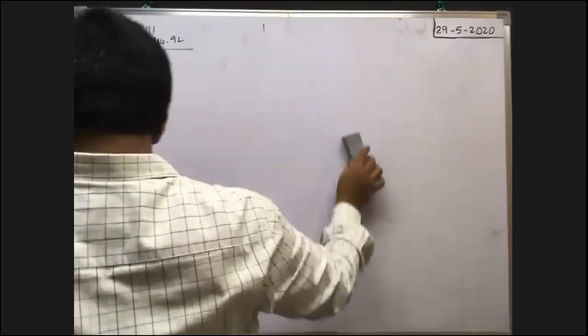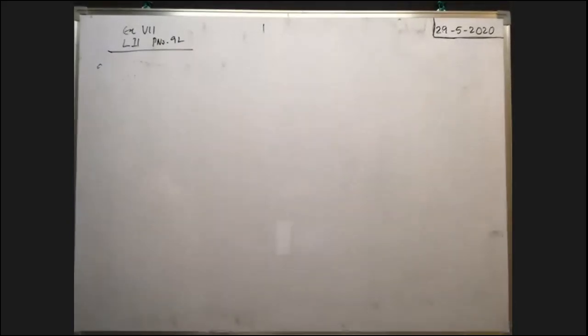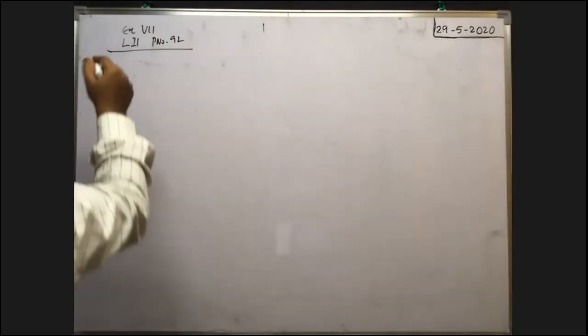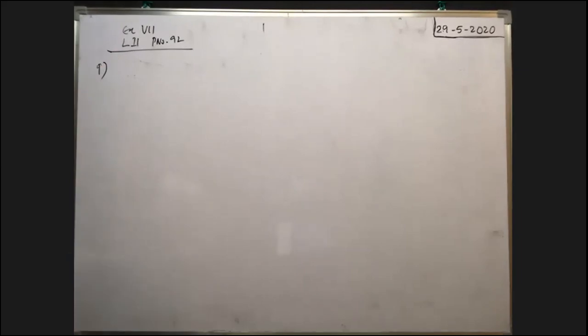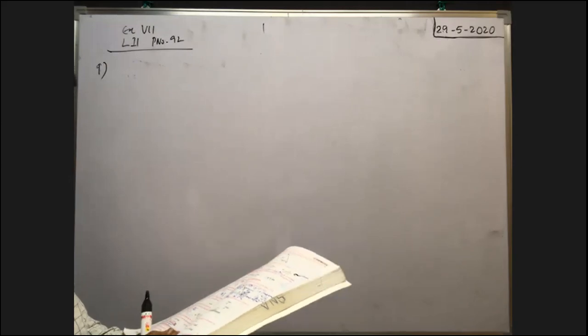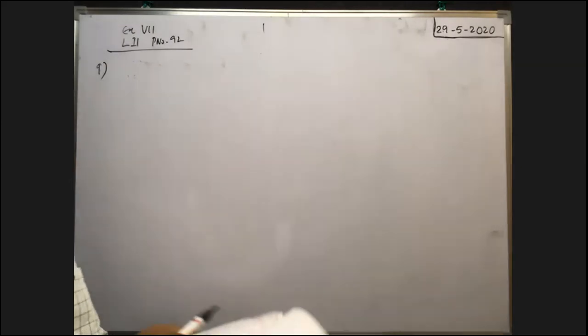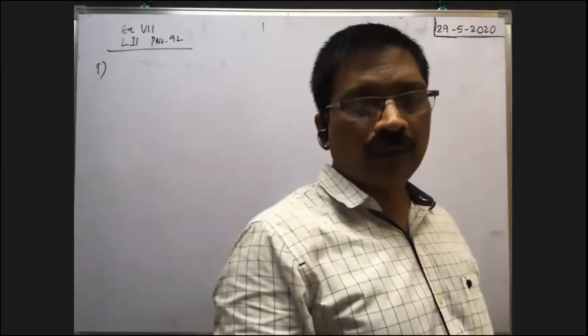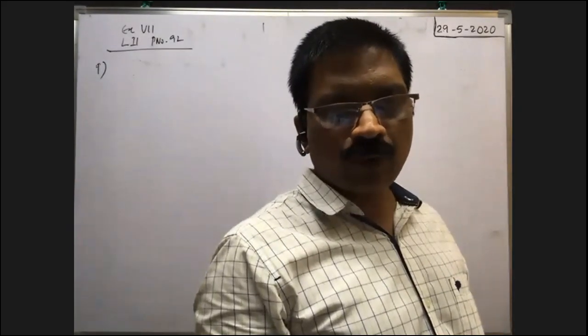Next, level 2 advanced basic problems. First one, in level 2: three ships A, B, C are in motion. You see the question here.